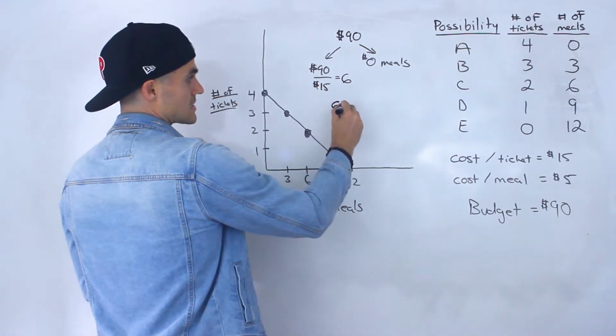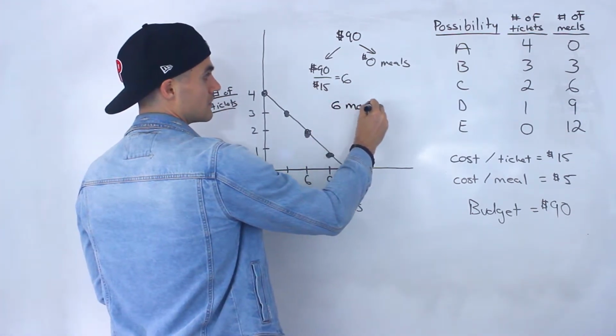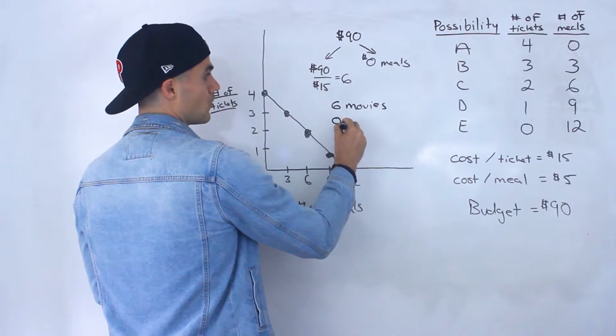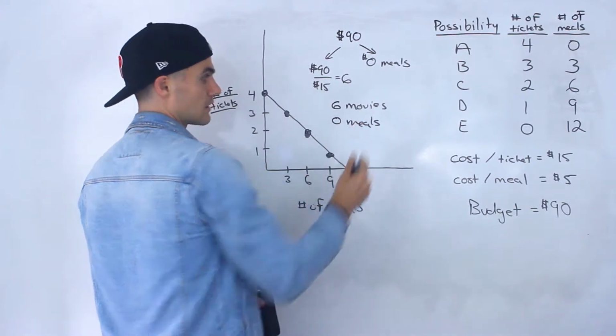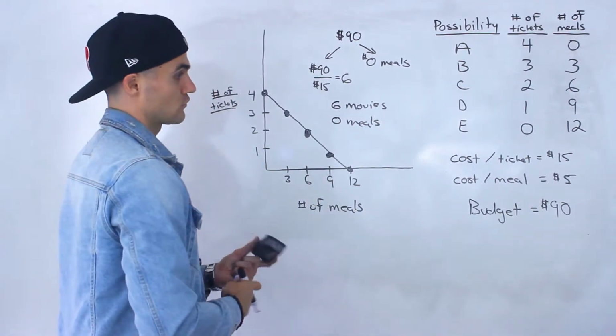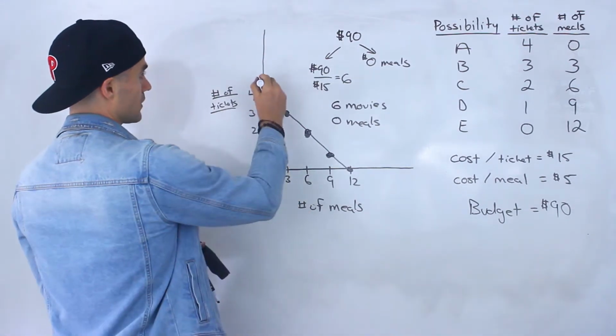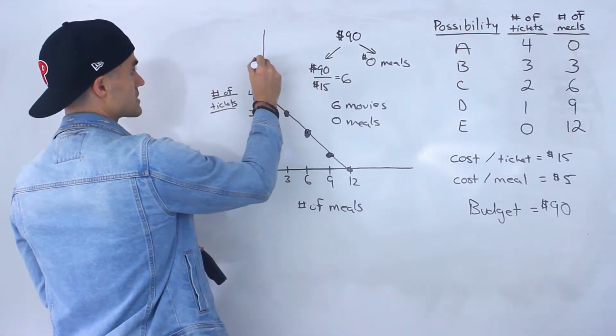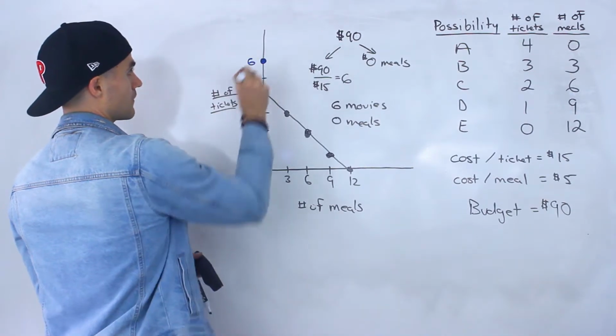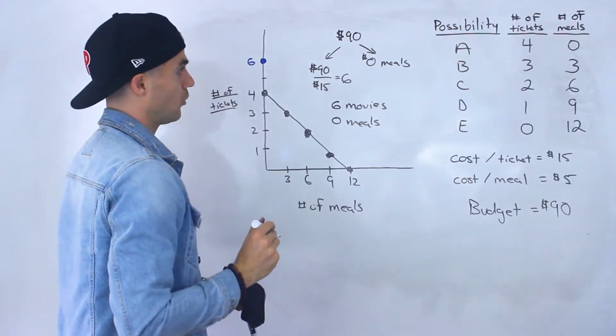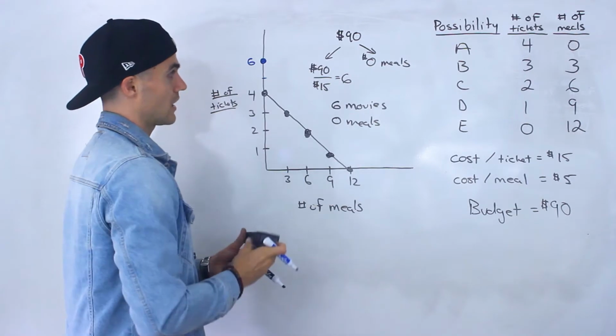So 6 movies and 0 meals is one combination for this new budget. And that's going to be over here. So we'll have 5, 6 up here. That would be 1 point on this new budget line.